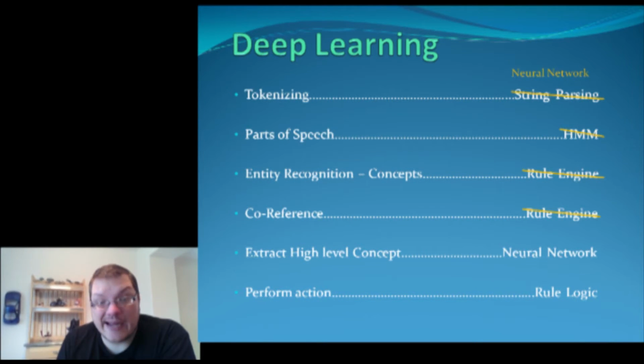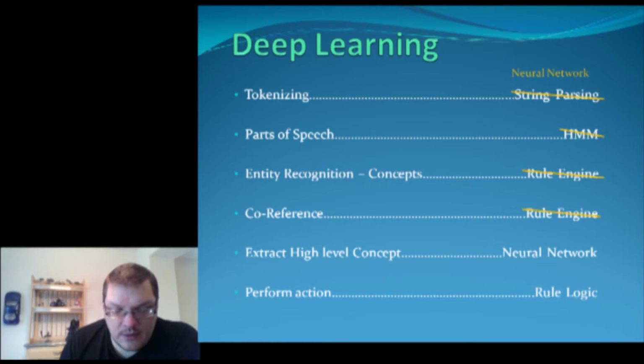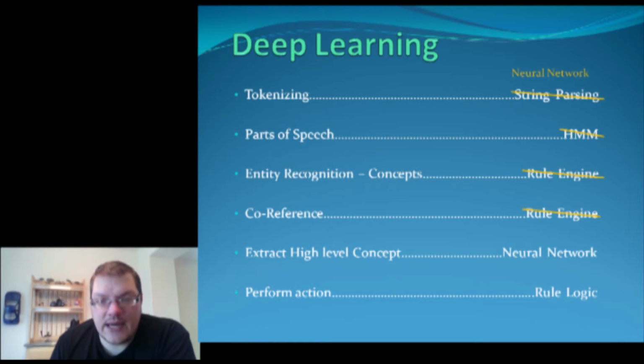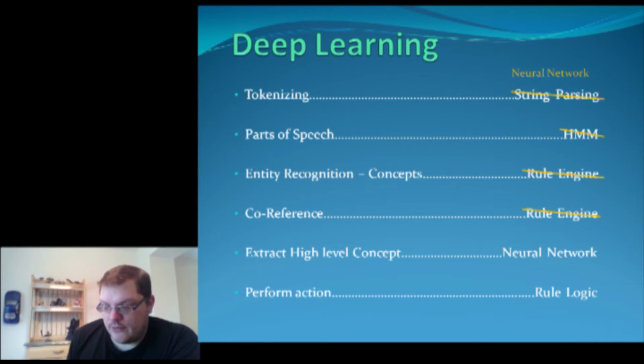The neural network doesn't actually know what it is, but it's assigning it a unique value so that it can be processed by the next layer of networks. And then once we get to the high-level concept, the high-level concept neural network will spit out a number representing what it is, and we'll need to have some kind of logic that'll translate that number into an actual meaning.